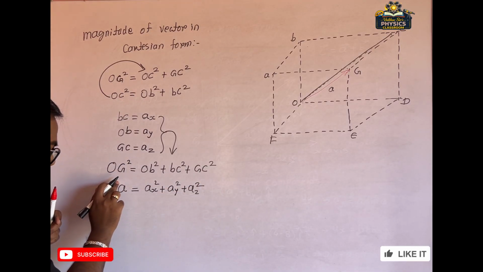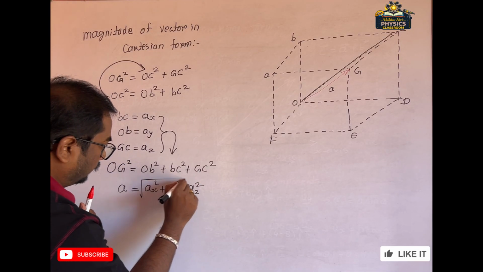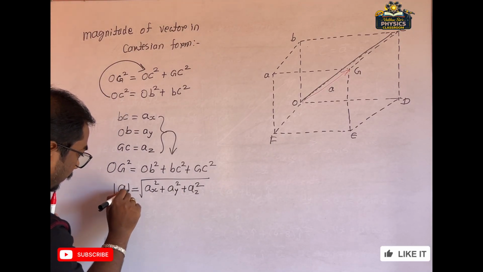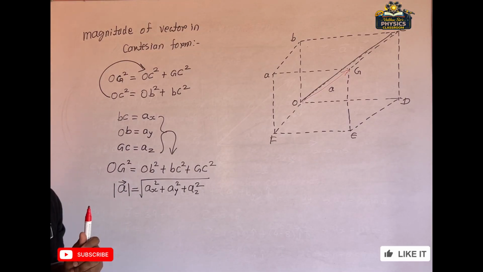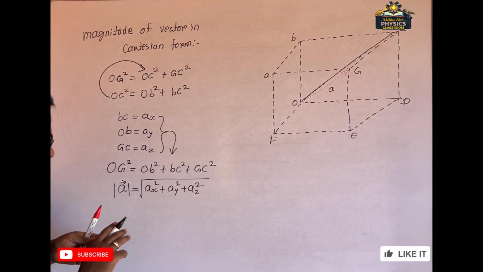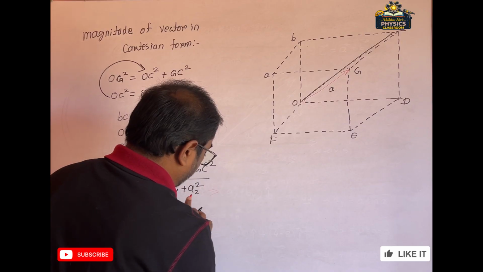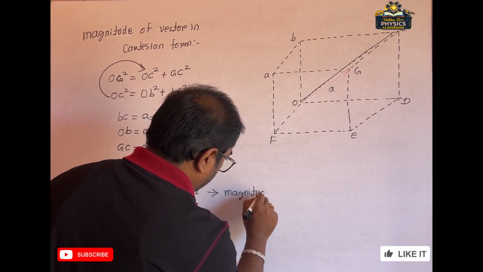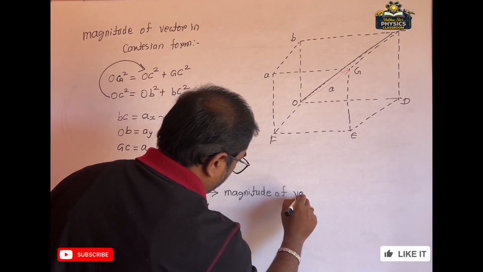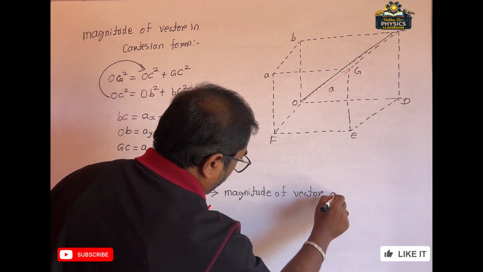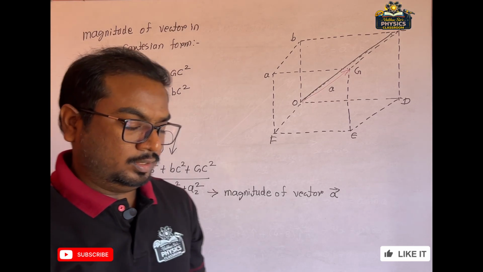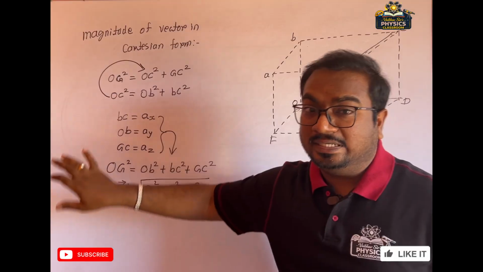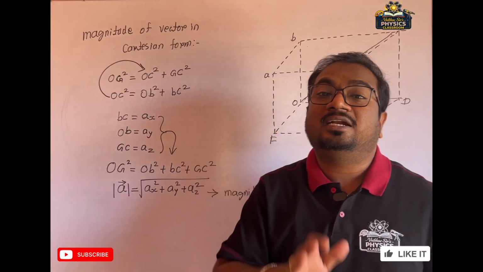This is the square, right? So we will take the square root. This is the magnitude of vector A.